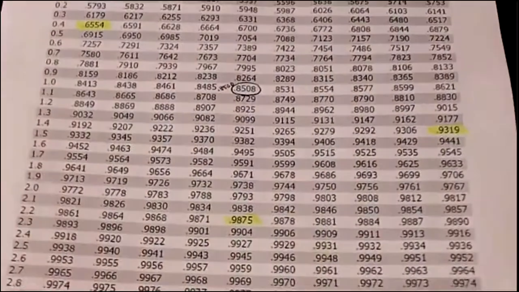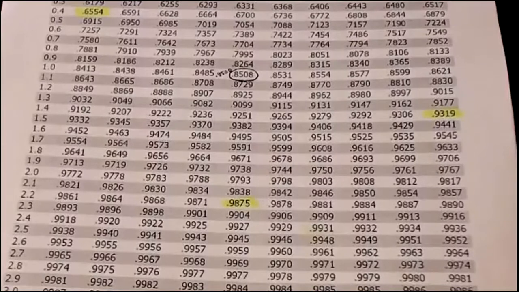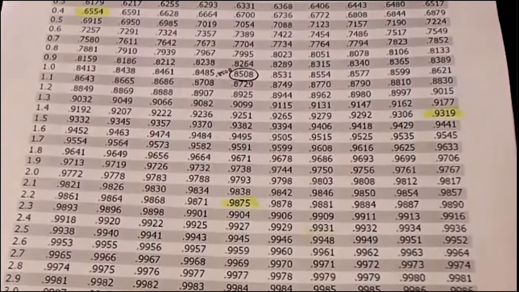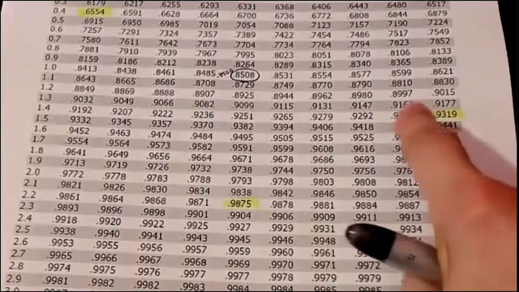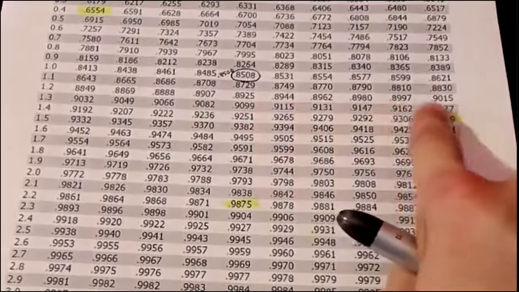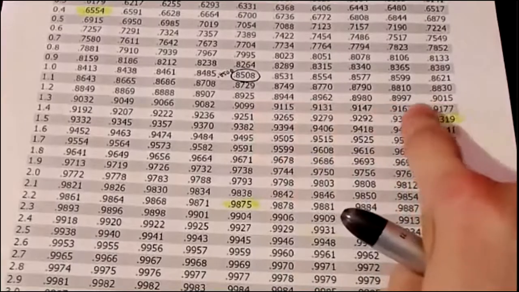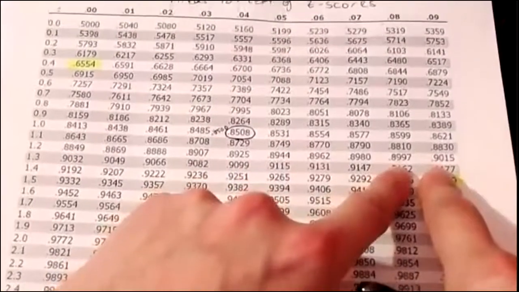I just want to show this to you. If we go to the positive side of our table, we're looking for 0.90 exactly. Notice that with 0.90, let's take a look. We're getting closer, we're getting closer. Here we see 0.90 sits somewhere between these two values.